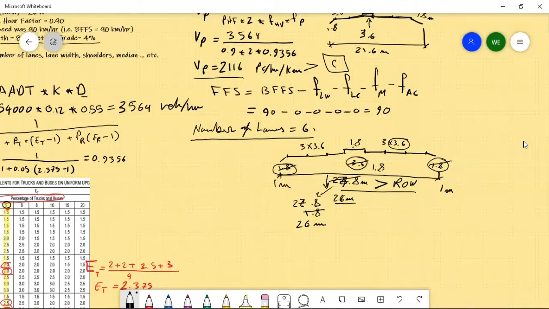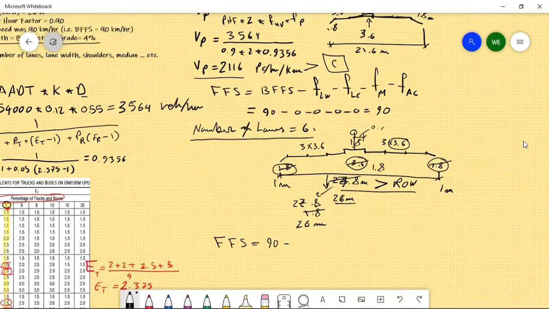So here the free flow speed will change. So the free flow speed will equal 90 minus... There is an adjustment factor for the lateral clearance. So let's assume that we have maybe posts in the middle here. So the obstacle from here, we have 1.8 meters.